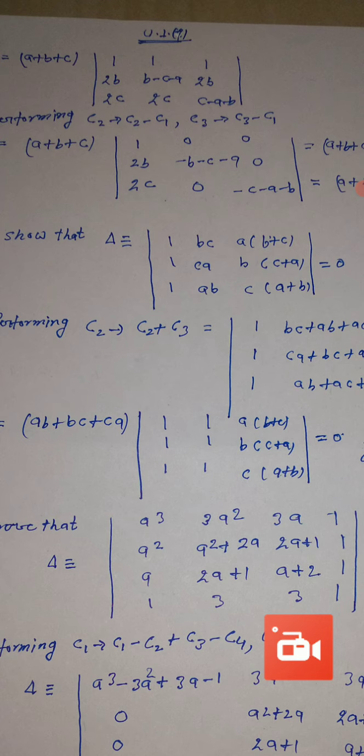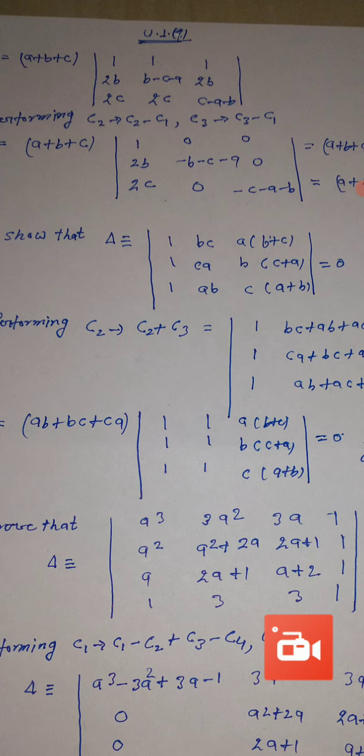Performing C1 as C1 minus C2 plus C3 minus C4, we get first row a cube minus 3a square plus 3a minus 1, 3a square, 3a, 1. Second row 0, a square plus 2a, 2a plus 1, 1. Third row 0, 2a plus 1, a plus 2, 1.